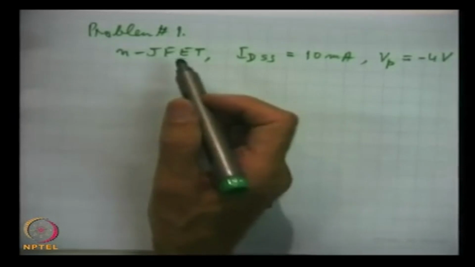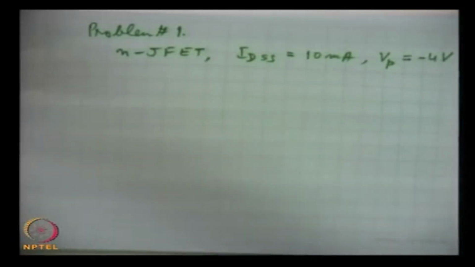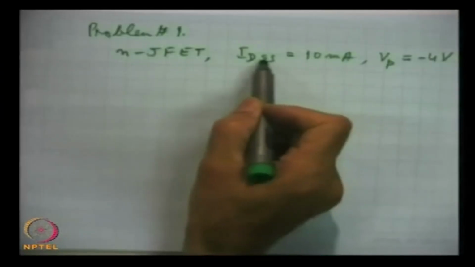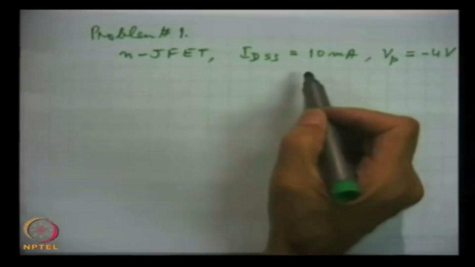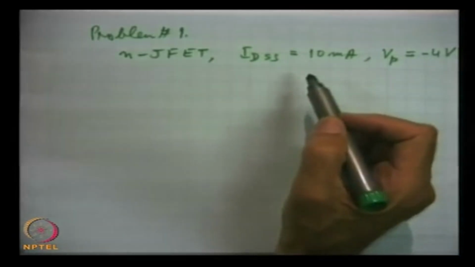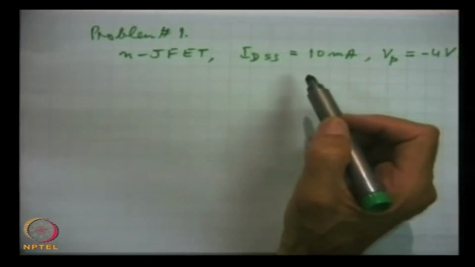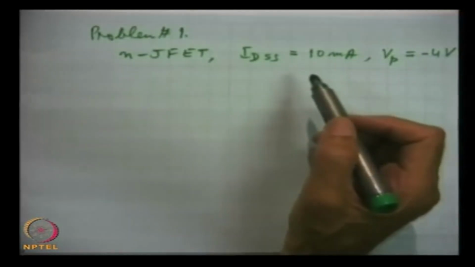You remember the structure of the junction field effect transistor. There is a drain, there is a source, and the channel is implanted, and when the gate is shorted to the source, then the drain current is the maximum, and when we operate this with more negative voltages, then the drain current falls.